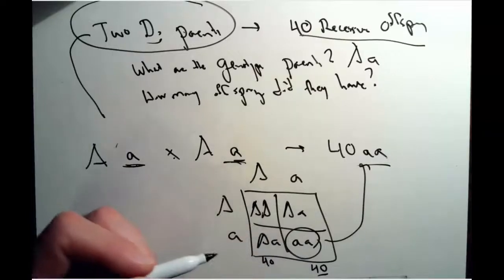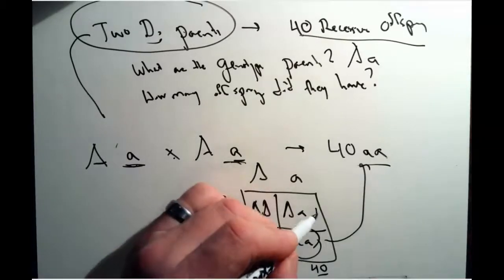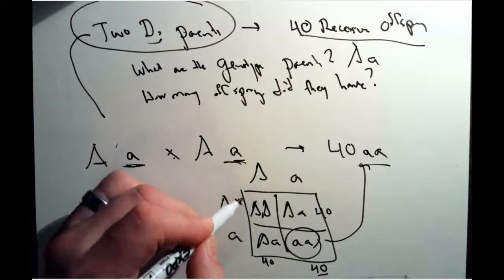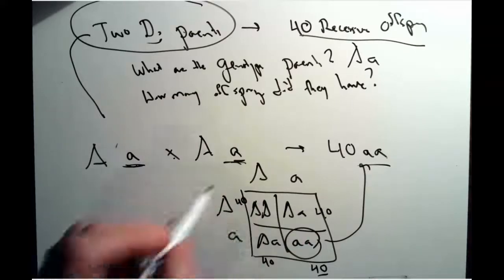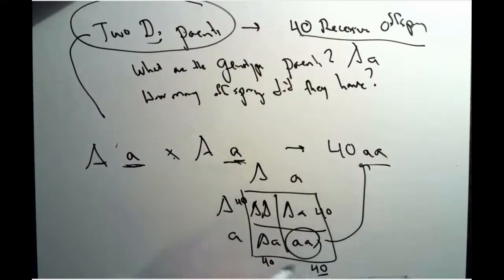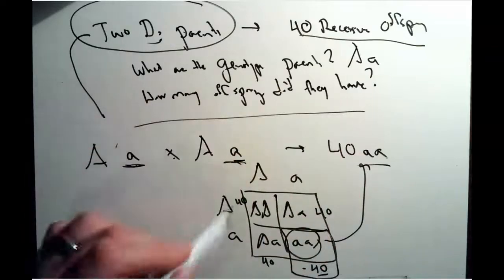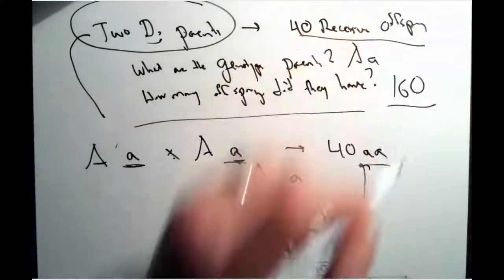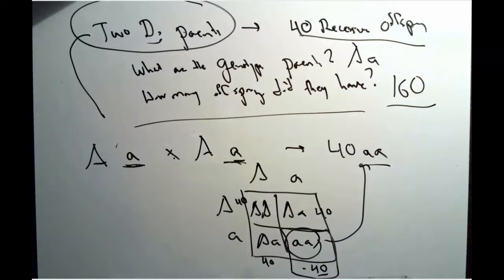That means 40 offspring are heterozygous here, 40 offspring are heterozygous here, and 40 offspring are heterozygous here. The number of offspring should statistically be equal in all 4 boxes. Since only one box has recessive individuals, that sets the box value as 40, and the others have 40 as well. So how many total offspring did they have? Well, if we count them up, we see that they had 160 offspring. So that's another example of a kind of question we can do with this material.